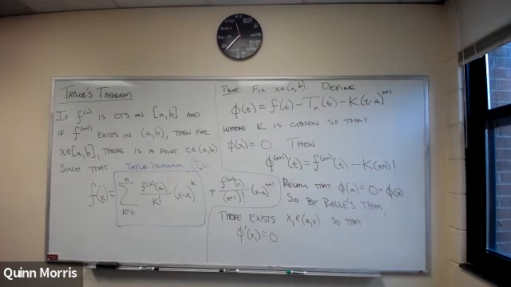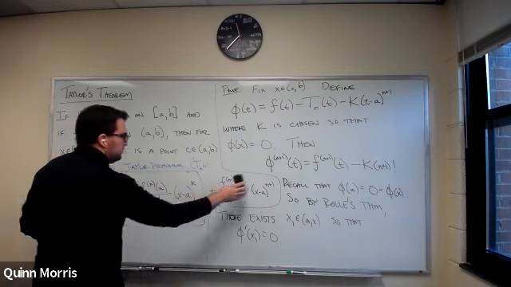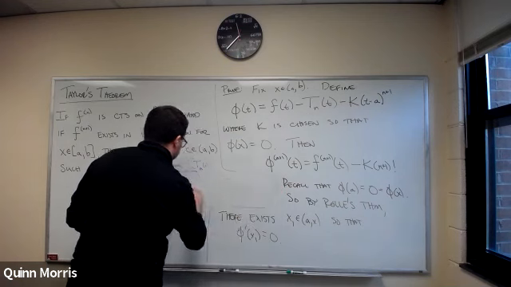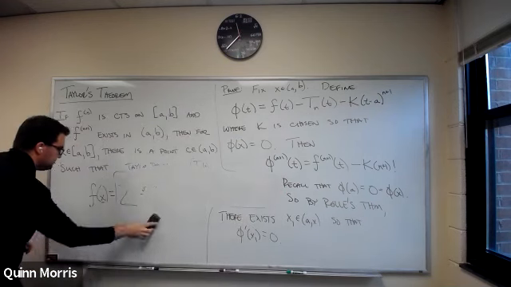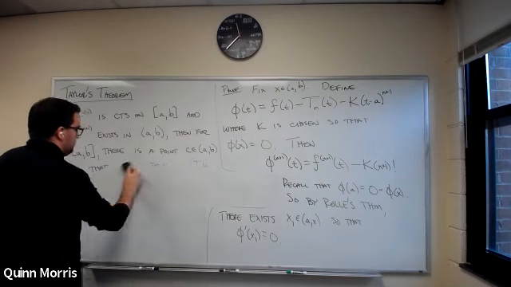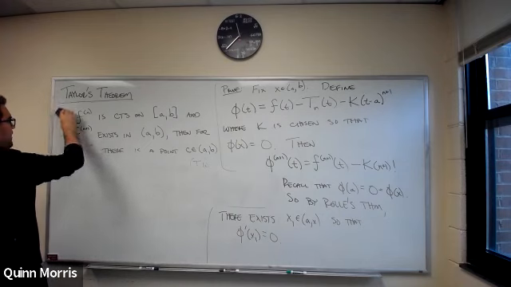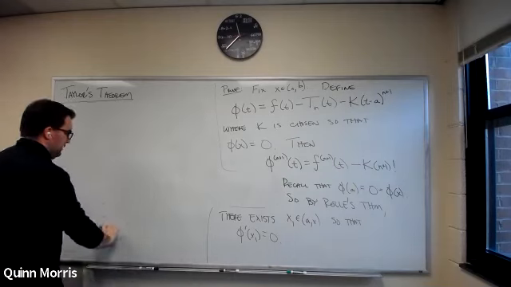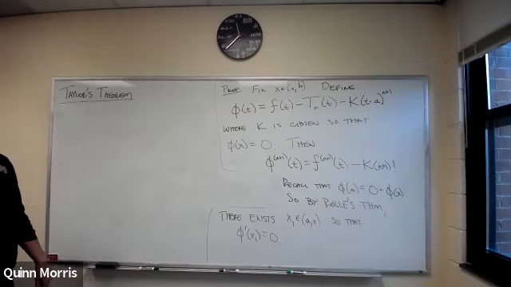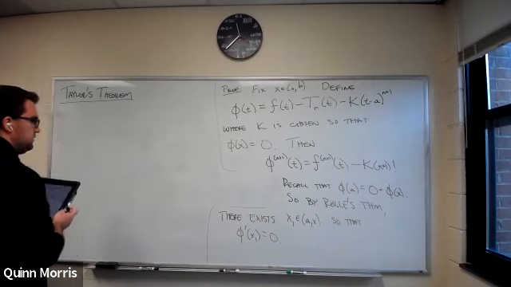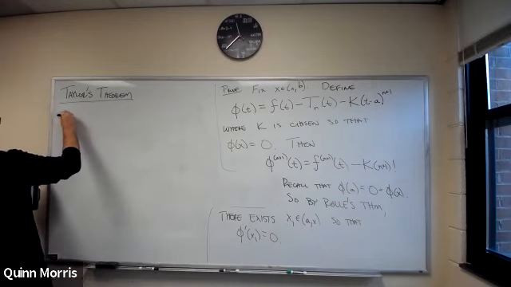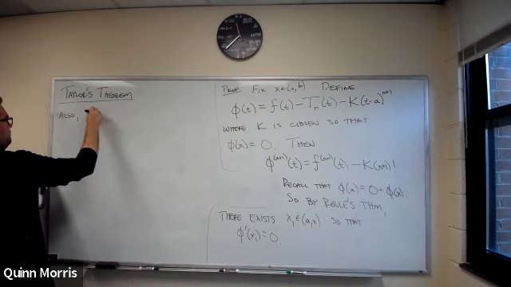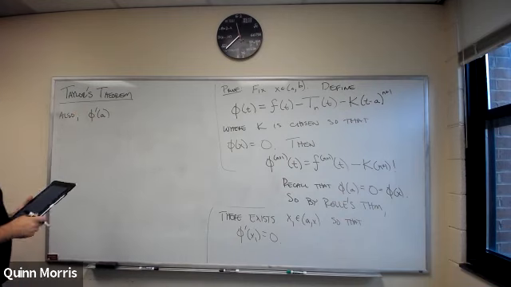What if I keep going? What if I tried to apply Rolle's theorem now to phi prime? So what can I say about phi prime of a?